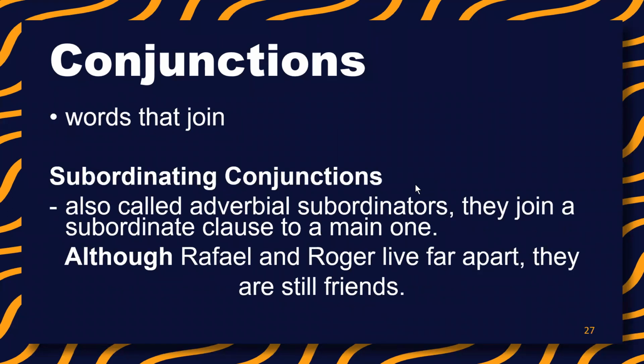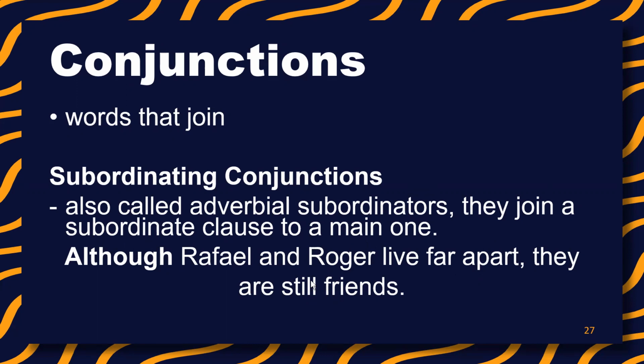Next, we also have your subordinating conjunctions. These are also called subordinators because they join a subordinate clause to a main one. For example, we have here, although Rafael and Roger live far apart, they are still friends.